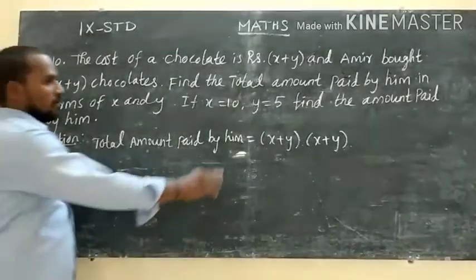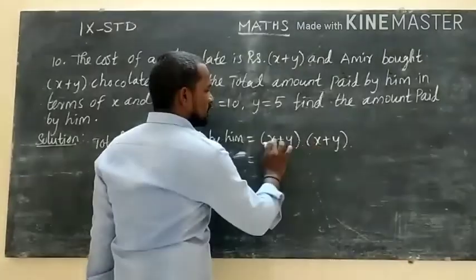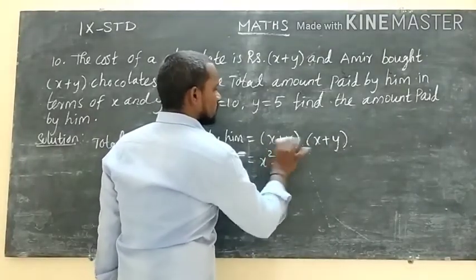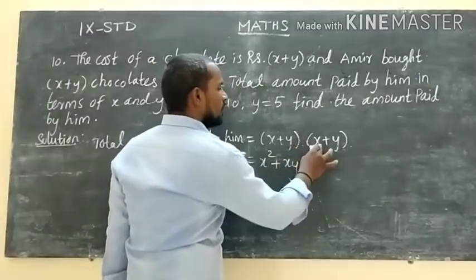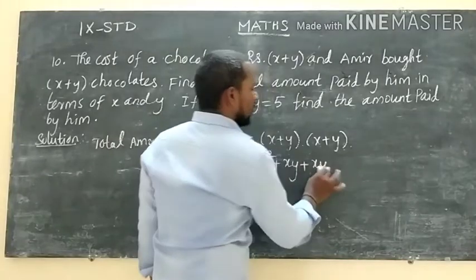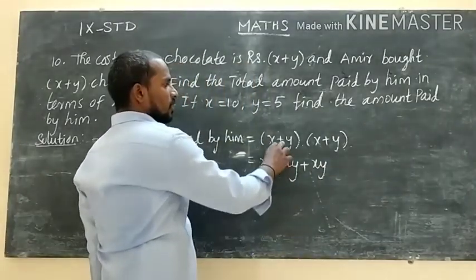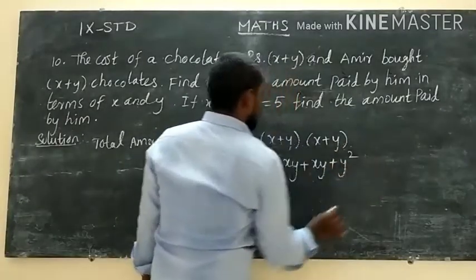Okay. So the product of these two polynomials is equal to plus into plus, plus x into x, x square, plus x into y, xy, then plus y into x, xy or yx, by the commutative property under multiplication. Then plus y into y, y square.